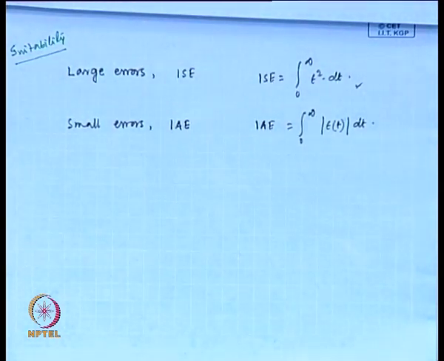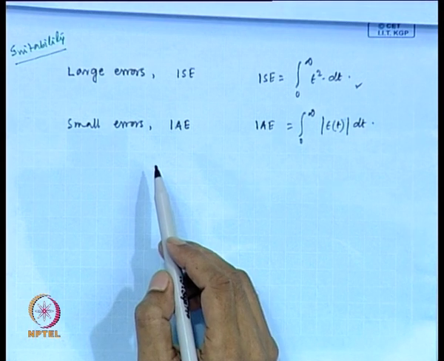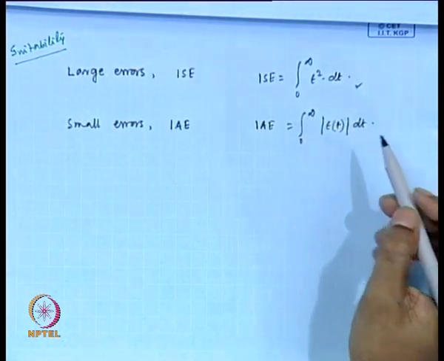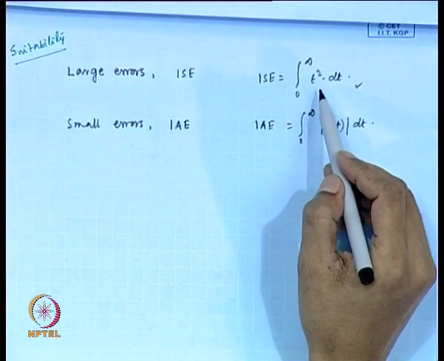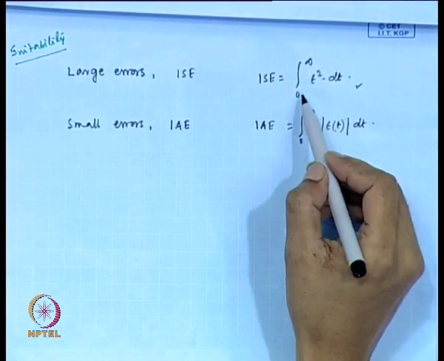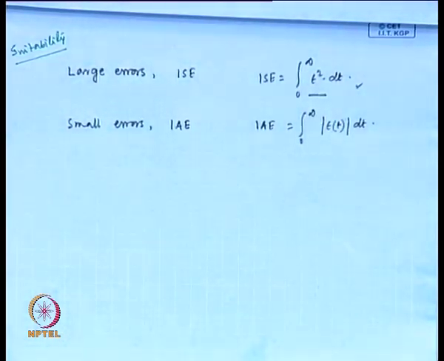Fine. If small errors are involved, the ISE performance criterion is not used, because if you take the square of small errors, this term becomes even smaller.